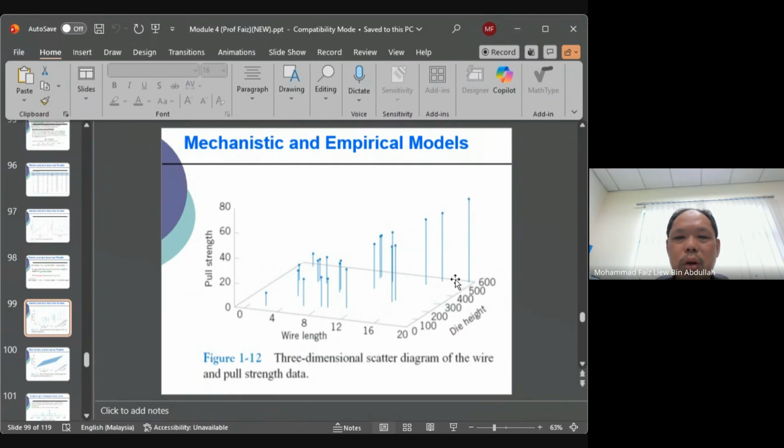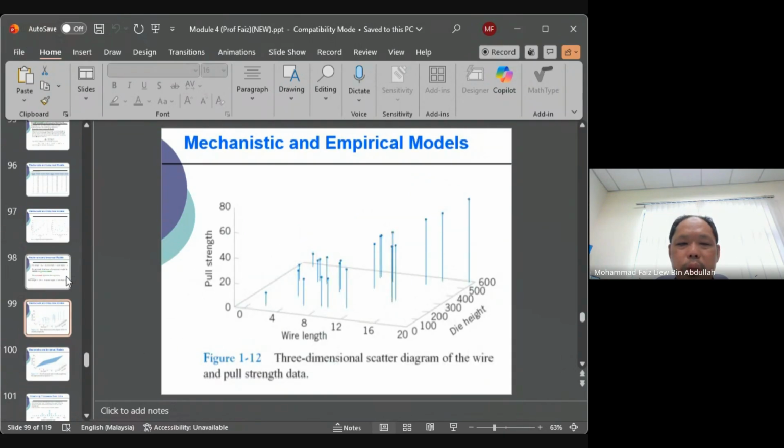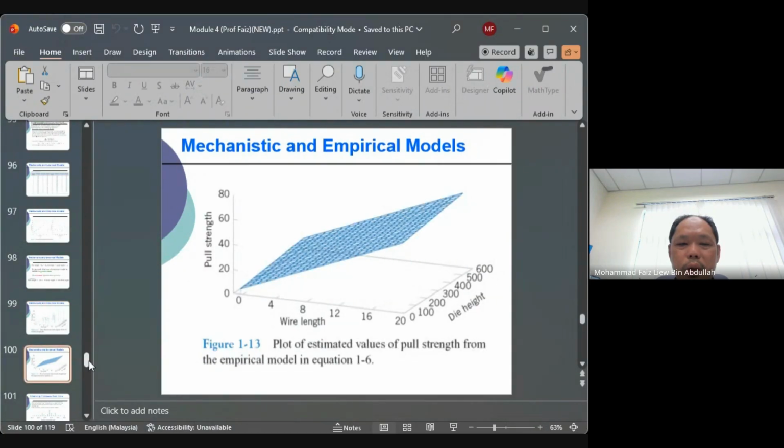So you can see there are 3 parameters. And then from this 3-dimension graph, you can also plot this empirical model, and when you change the die height and the wire length, you can see the surface also changes according to the 3 values. So these are also samples of graphs that you can plot.